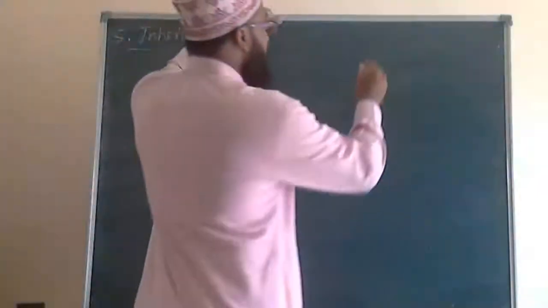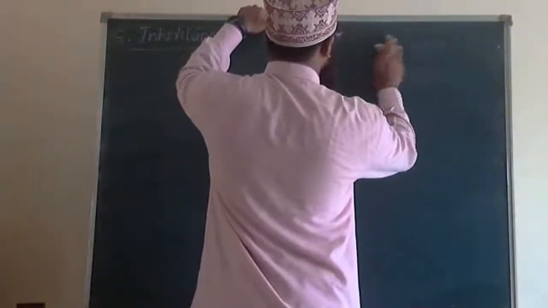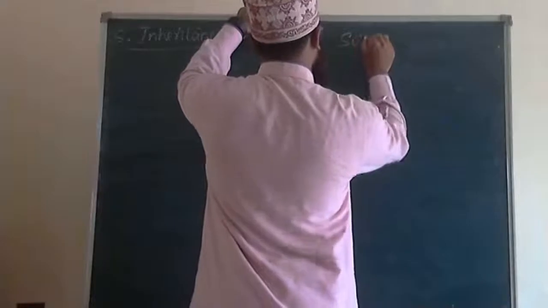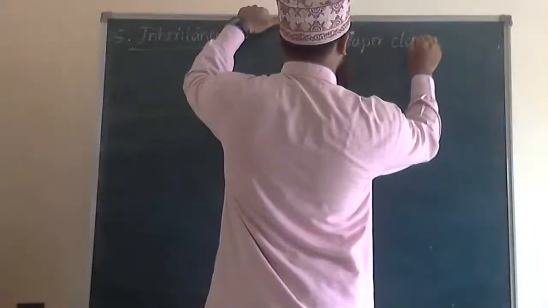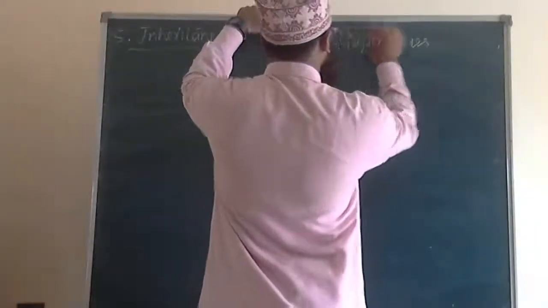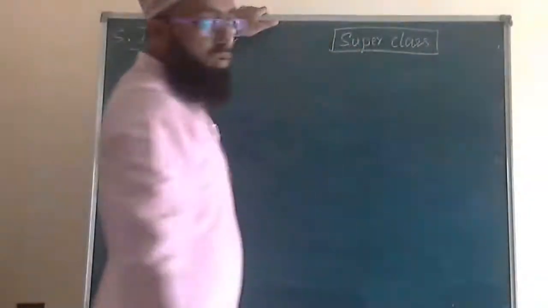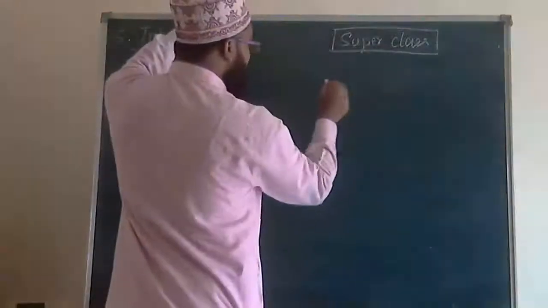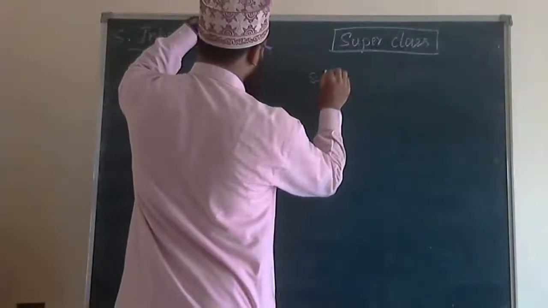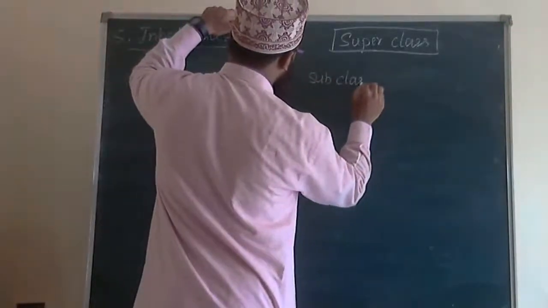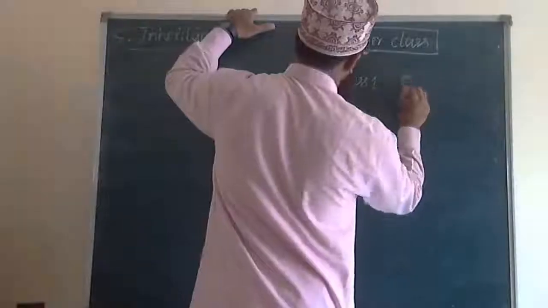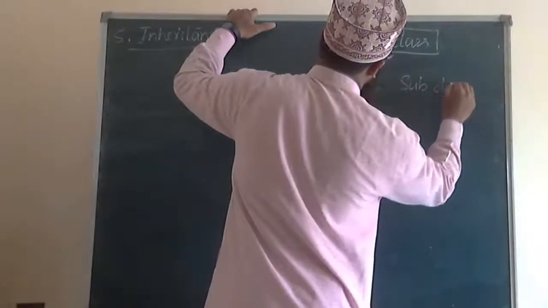So we shall see here a super class. Think of this as the main class, and from this class we are going to create two classes, that is subclass 1 and subclass 2.